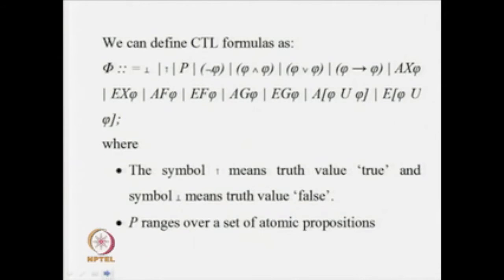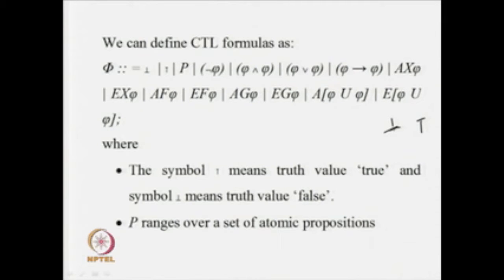Now, in BNF notation, we can define the CTL formulas like that. We use two symbols, one is bottom and the second one is top. These top and bottom are used as CTL formulas. Top stands for the truth value true and bottom stands for the truth value false.